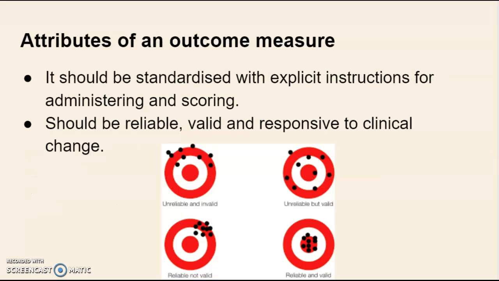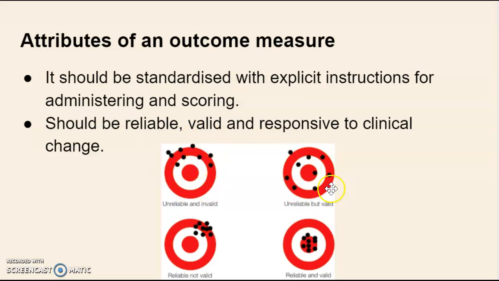So there are certain attributes of an outcome measure. It should be standardised, with explicit instructions for administering and scoring. And it should be reliable, valid and responsive to clinical change. Looking at the 4 target pictures below, the top left one shows that when you're taking shots at a target, it's unreliable and invalid.